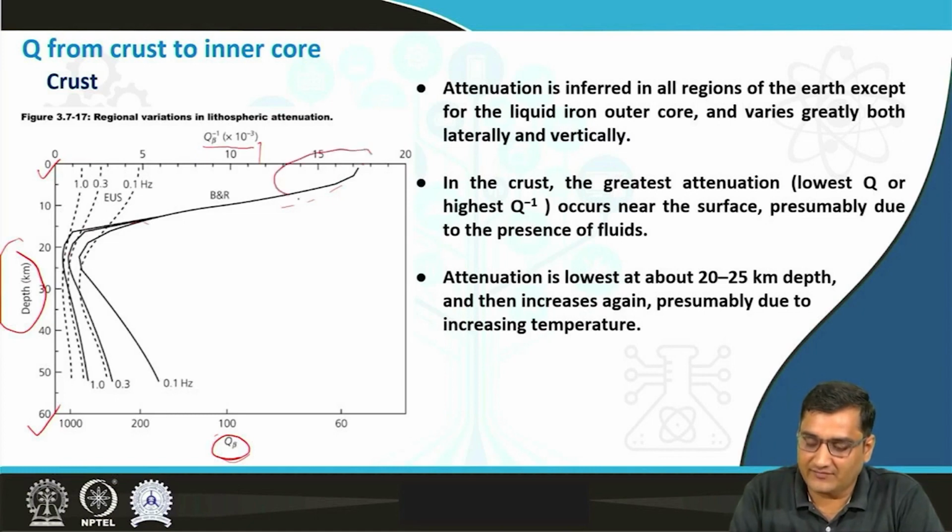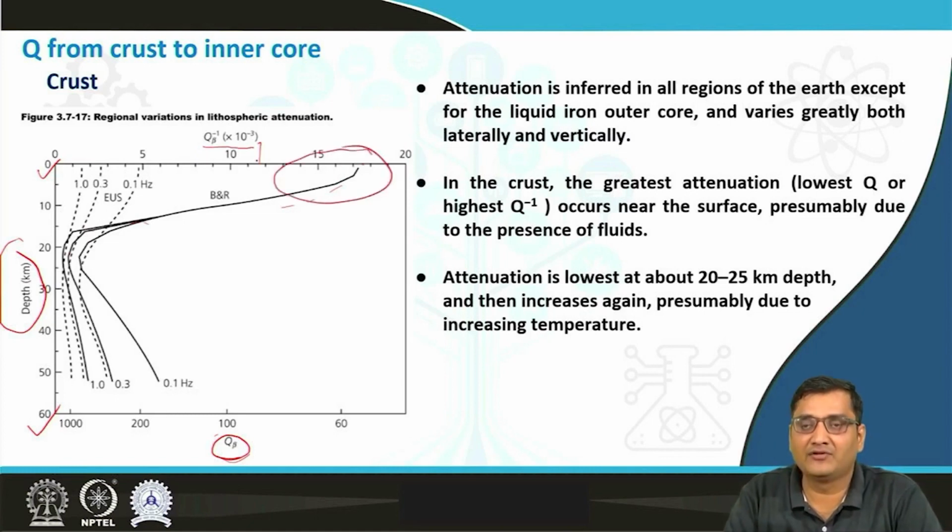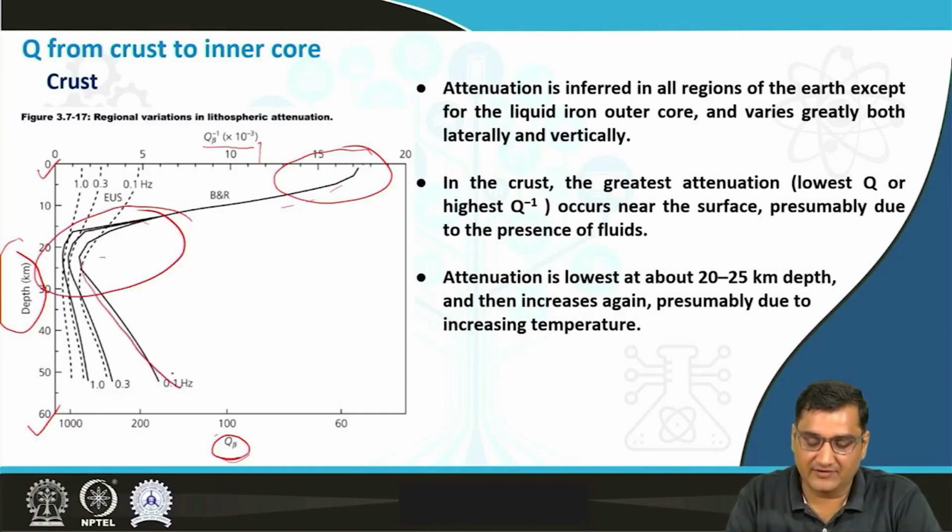Near the surface you can see a higher amount of attenuation, presumably due to the presence of fluids. Attenuation is lowest in the depth range of 20 to 25 kilometers, and then it increases with depth, presumably due to the increasing temperature with depth.